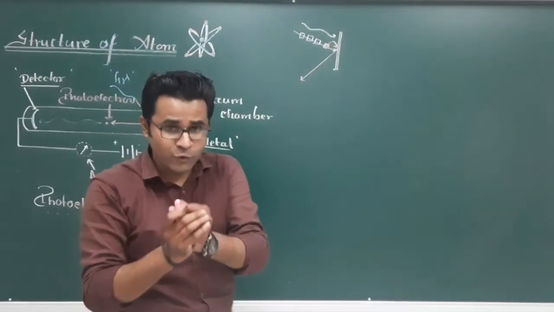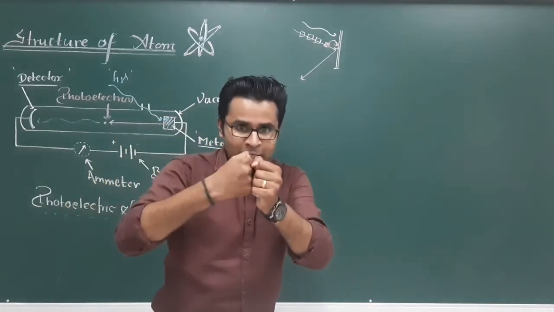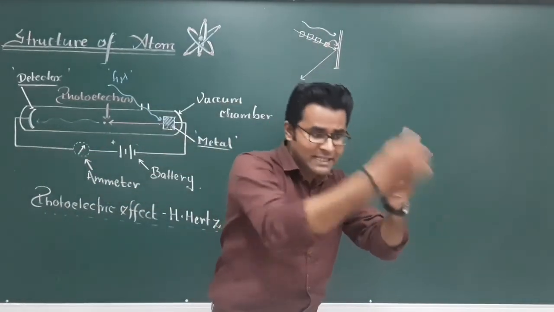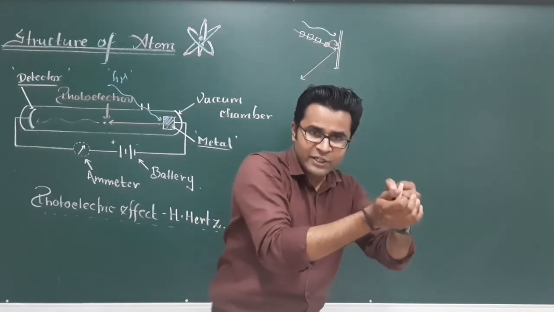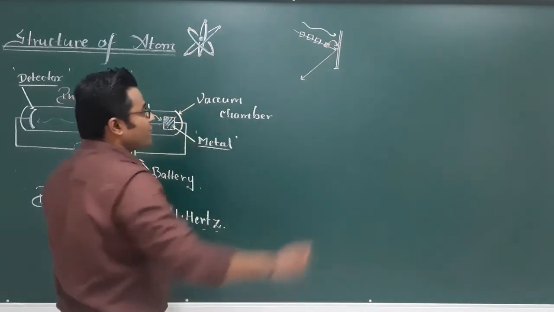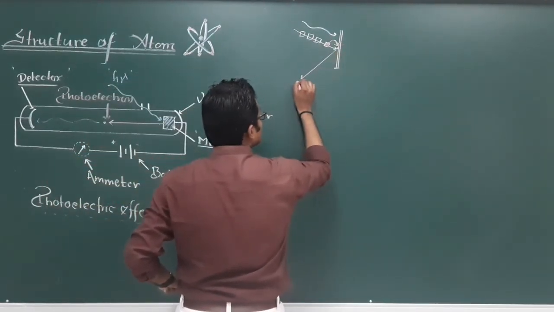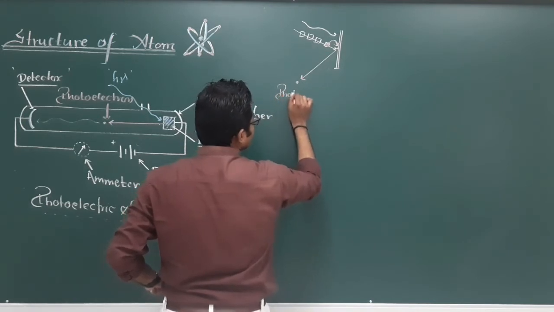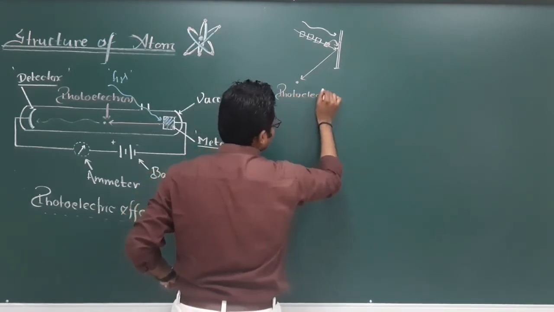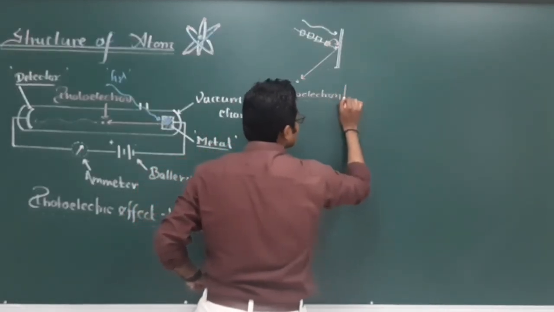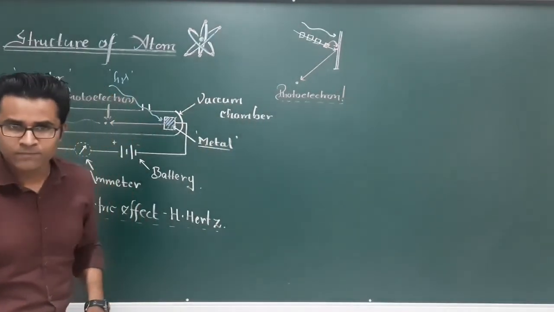So when a photon collides, it transfers its energy to the electron. The electron takes that energy and comes out from the metal, right? This electron coming out, he calls the photoelectron. Right? So we will understand this concept of the photoelectron in much more detail now.